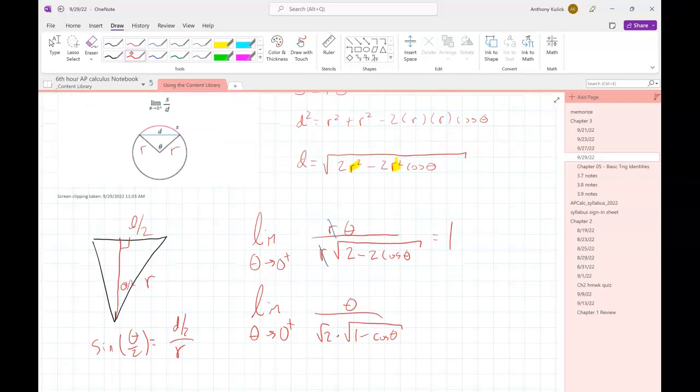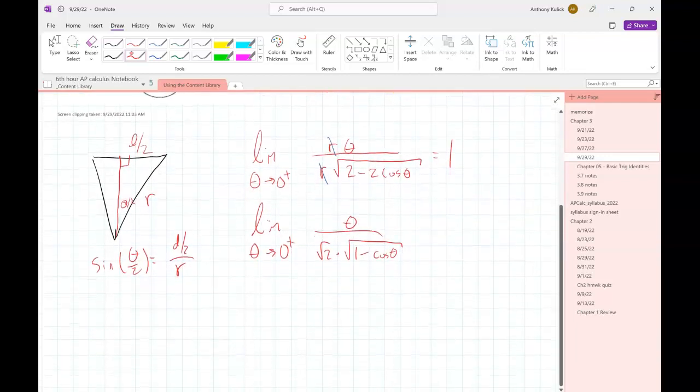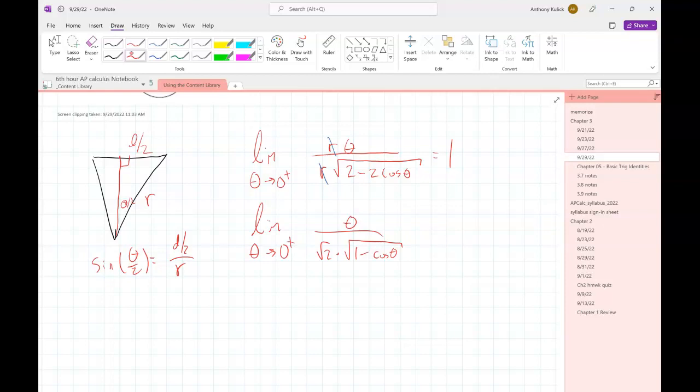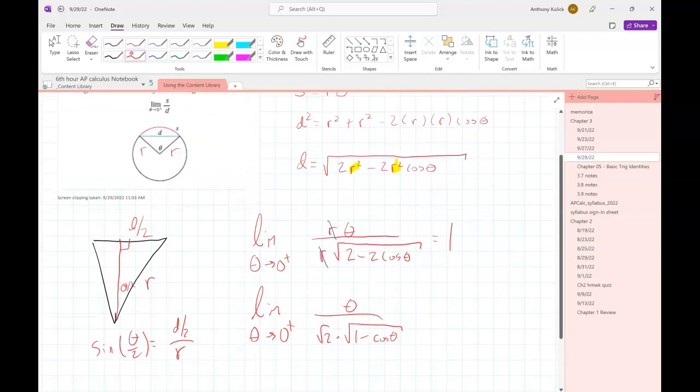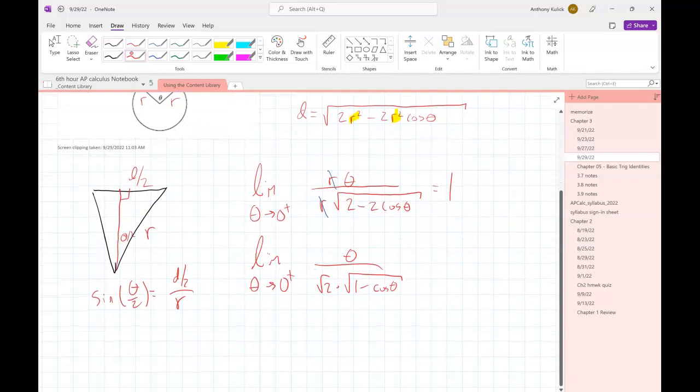And then they rearranged that to get the d by itself and substituted that into the thing, and that's what they used.